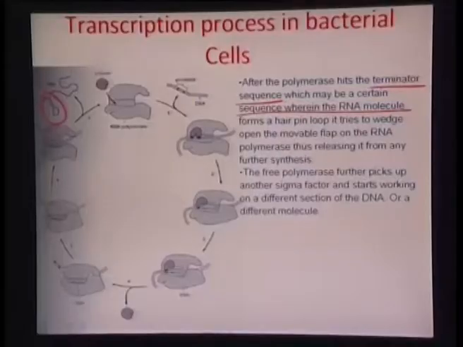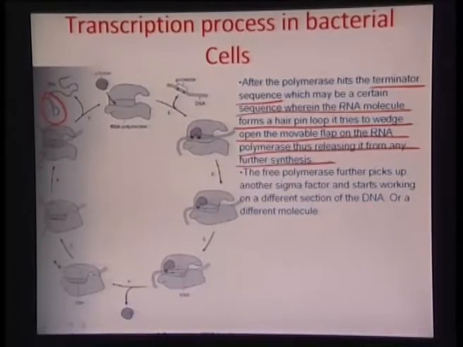Whatever it is, the change in conformation of the RNA polymerase is what we are wishing to have, so that we can terminate the chain fabrication process. So that is exactly what happens here. It forms a hairpin loop and it tries to wedge open the movable flap on the RNA polymerase, and so it releases the RNA from any further synthesis.